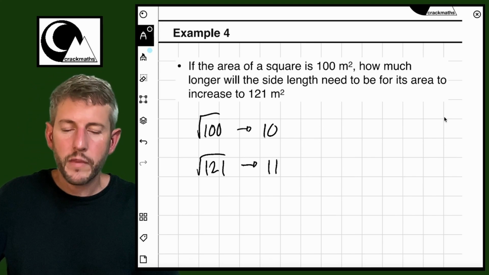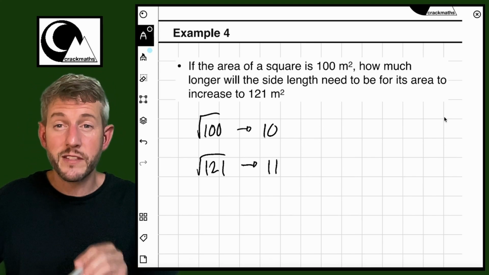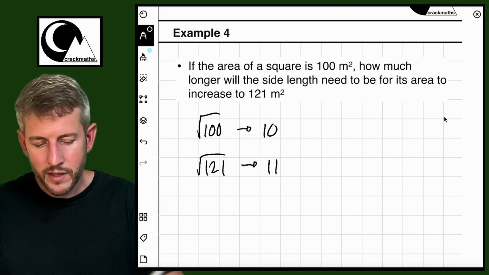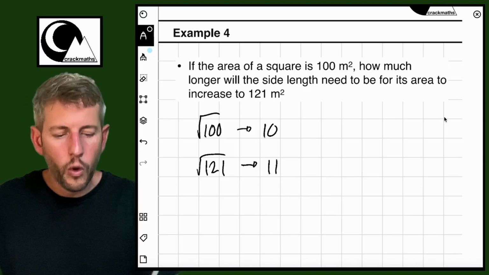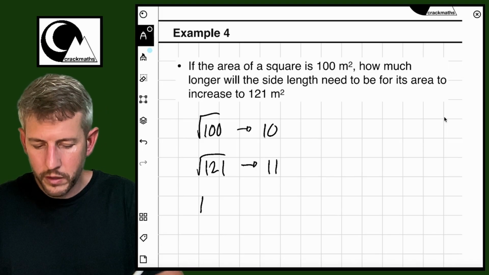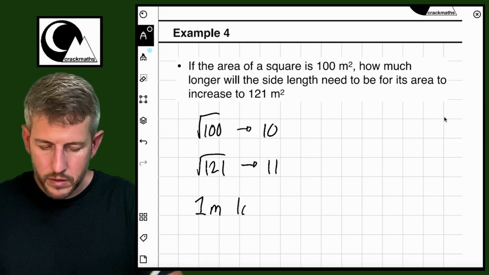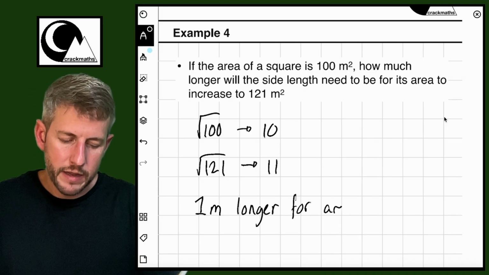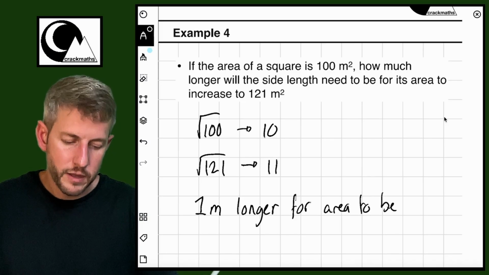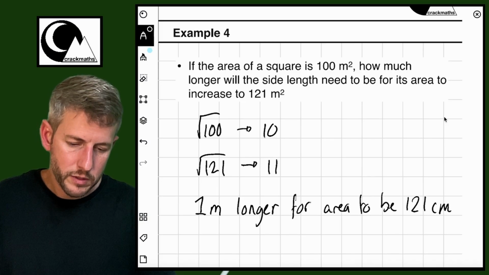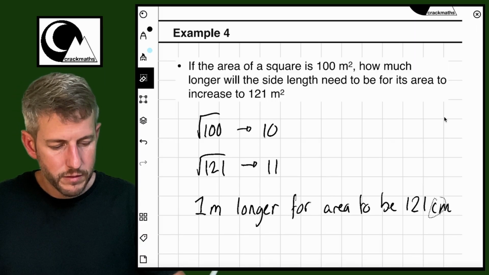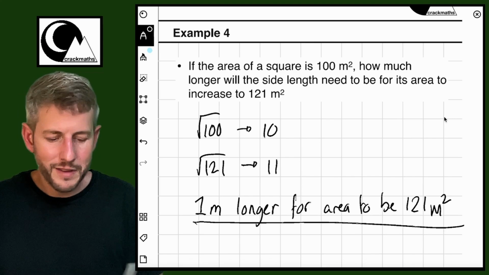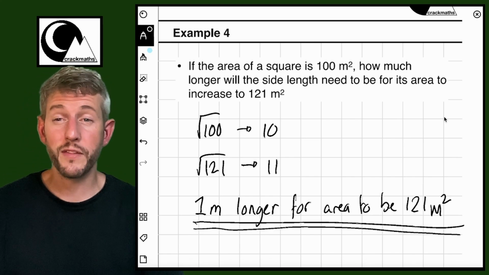So if 10 by 10 gets us 100 meters squared and 11 by 11 gets us 121 meters squared, the side needs to be 1 meter longer for the area to be 121. Oh, not centimeters. Okay, there we go. And that is the final question of this.